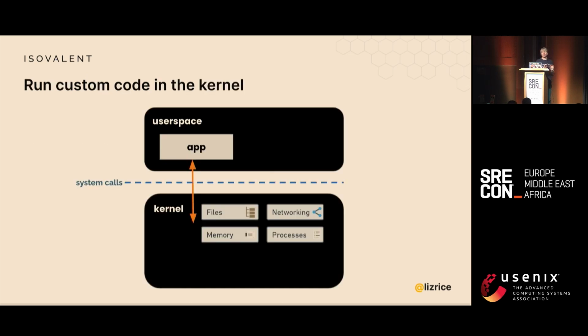Let's make sure we're all up to speed on what we mean when we talk about the kernel. It's the part of the operating system that interfaces with hardware. So if you have an application that's writing to a file or receiving a network message or even allocating memory, all of these things involve hardware. And the applications can't do it directly themselves.